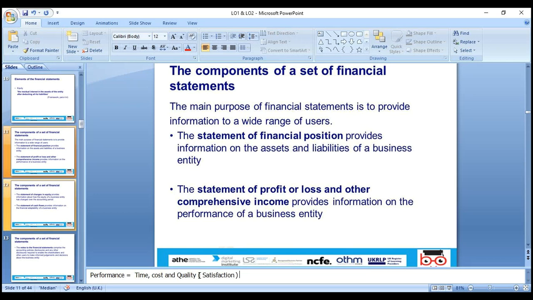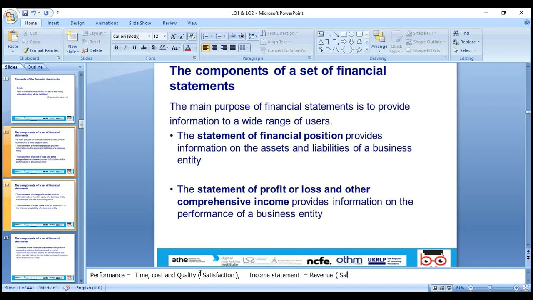So the statement of profit and loss, as the words indicate, is also known as the income statement or statement of comprehensive income. It provides information about the performance of the company. In the income statement, we always have revenue.